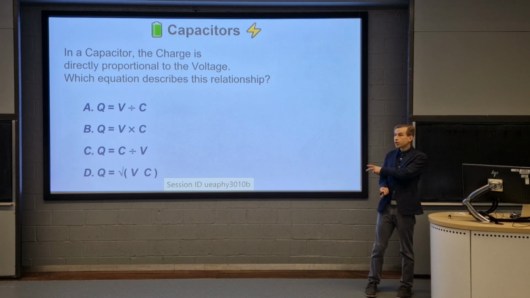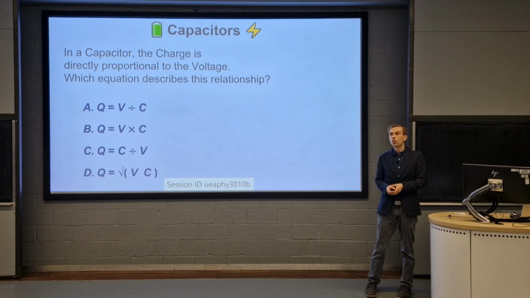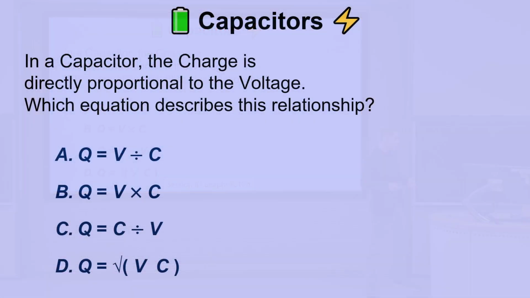Which one of these equations describes that relationship for a capacitor? Again, with this one, you don't need to guess. We know that the charge is directly proportional to the voltage. There's only one equation there which describes that relationship. So if you have seen this equation before and you can remember it, that's great. If you haven't, don't worry, you can figure out everything you need for it.